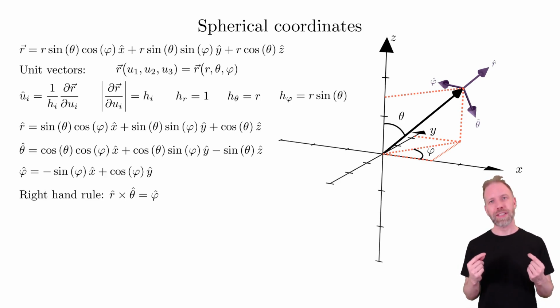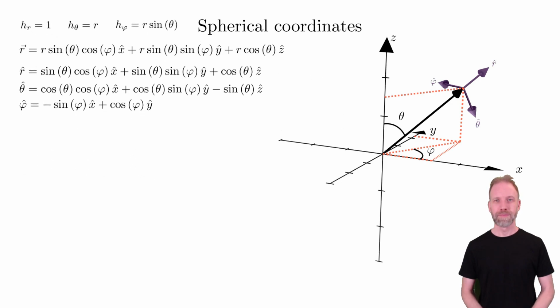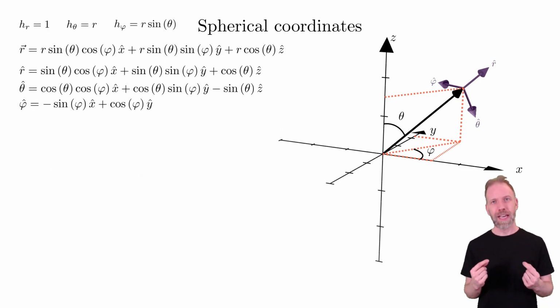Now we know how to write the unit vectors r hat, phi hat and theta hat in terms of x hat, y hat and z hat. We also want to reverse this and get expressions for x hat, y hat and z hat. To do this, I will first show an alternative way of getting the unit vectors r hat, theta hat and phi hat.